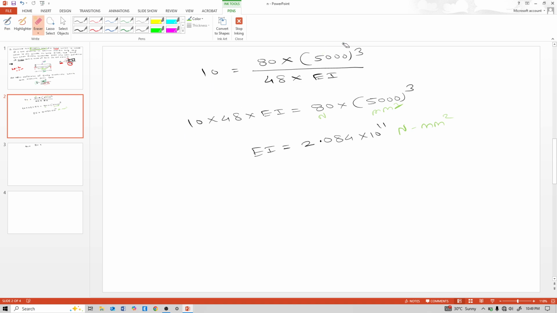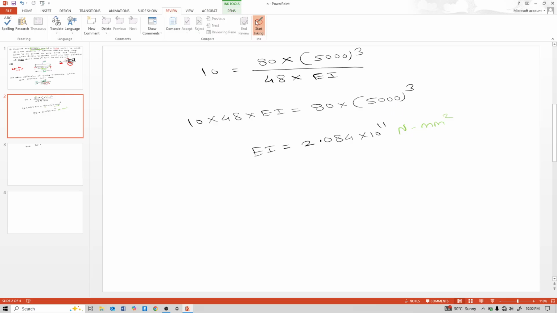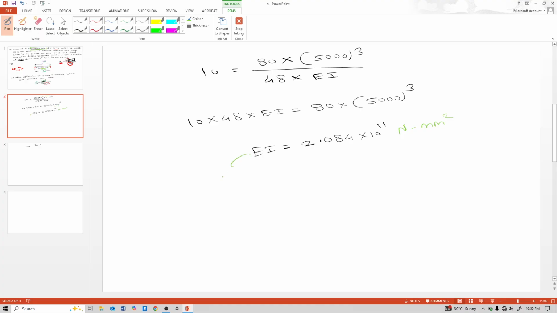And we all know that modulus of elasticity unit is Newton per mm square, and moment of inertia is mm raised to 4. The mm square gets cancelled, remaining is Newton mm square. So by that way also you can find this unit.